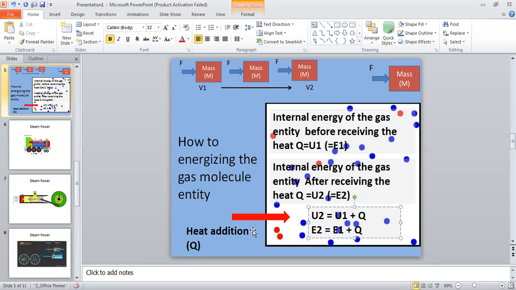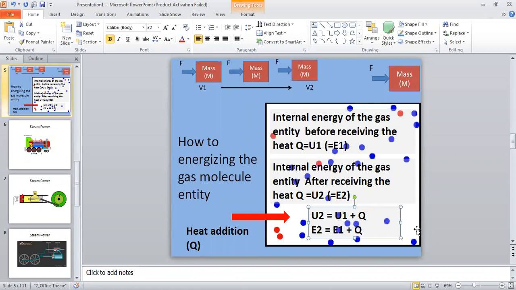Positive means receiving heat towards the system, okay, from the outside, from the surrounding. So U2 is U1 plus Q because originally U1, because of receiving Q, now becomes U2, that is U1 plus Q. Or E2 becomes E1 plus Q.